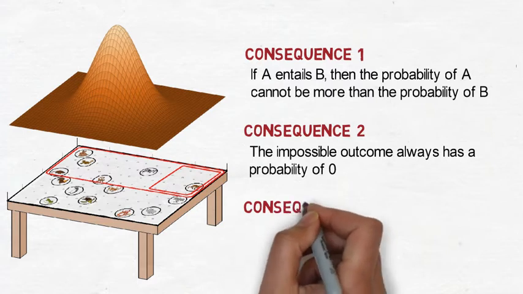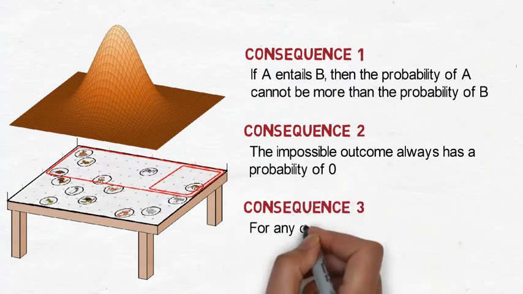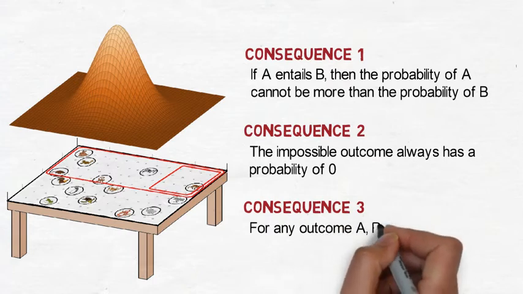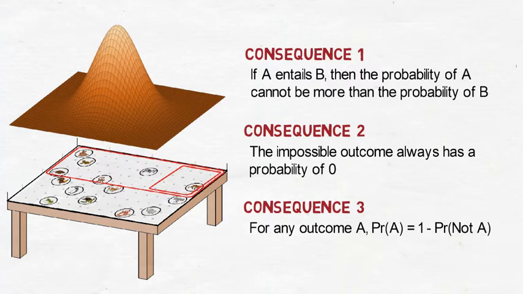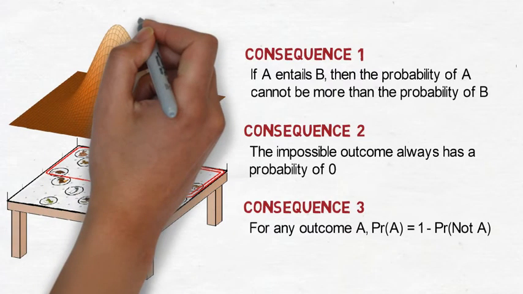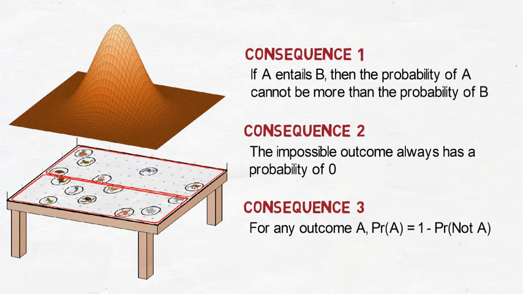The final interesting consequence that we will consider: for any outcome A, it's always going to be the case that the probability of A is equal to 1 minus the probability of not A. So to visualize this, first notice that any time that you have one outcome A, the other outcome not A is just going to be that part of the table which is not the A part.